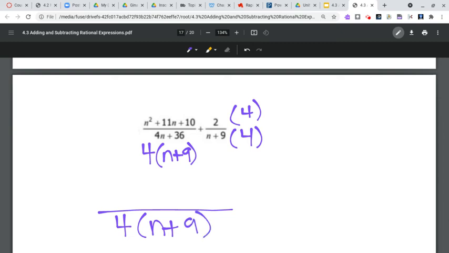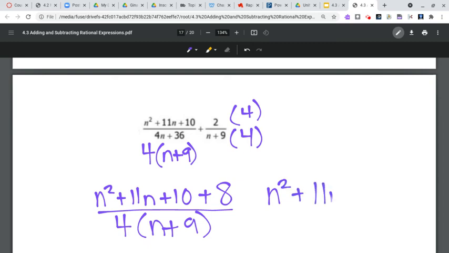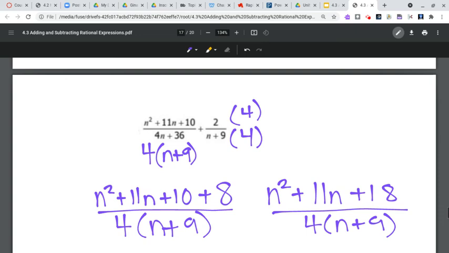At the top, left-hand side, I did nothing to. N squared plus 11n plus 10 plus 4 times 2 is 8. At the top, I have n squared plus 11n plus 18 over 4 parentheses n plus 9. Now, this one's a little bit of an anomaly. I can factor the top this time.